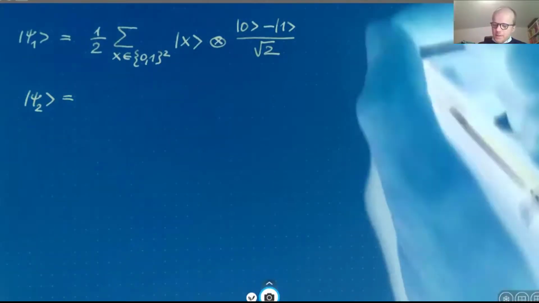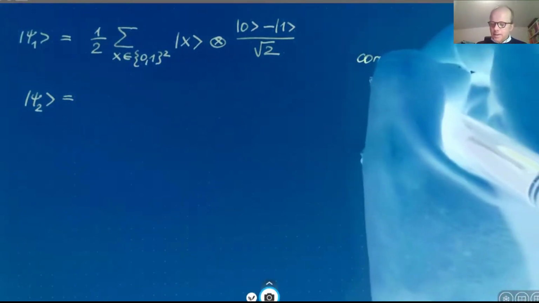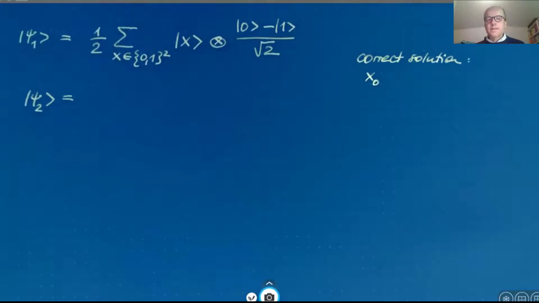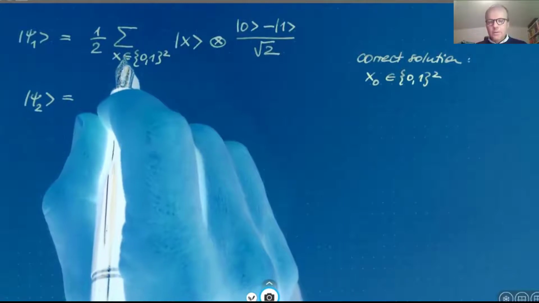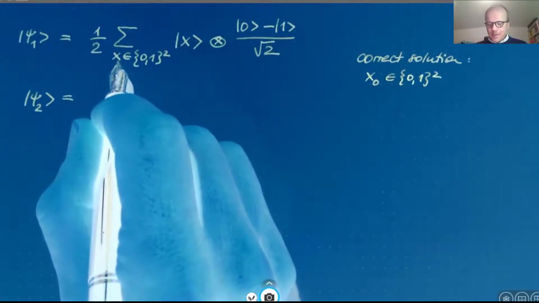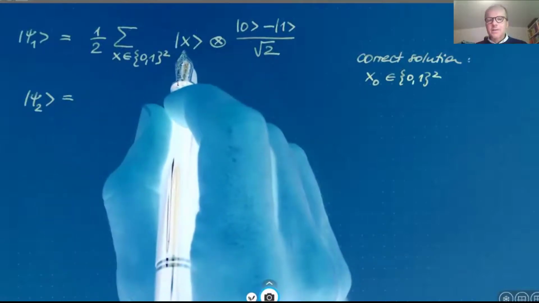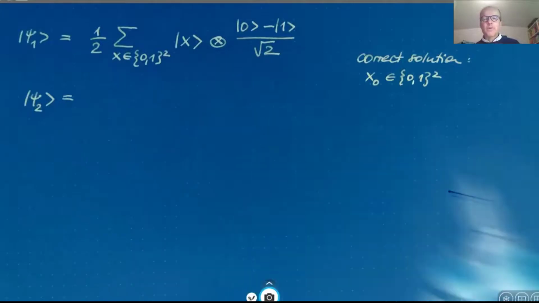So let's say the correct solution is labeled by a bit string x0, which consists of 2 bits. Now, we can split this sum into 2. We can first take the x0, which is the correct solution, and then the sum of all the others, all the incorrect bit strings.